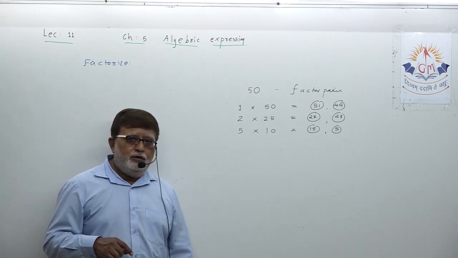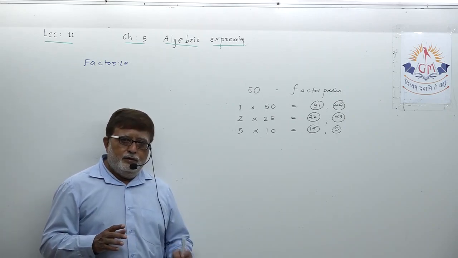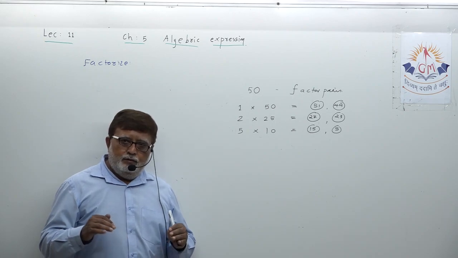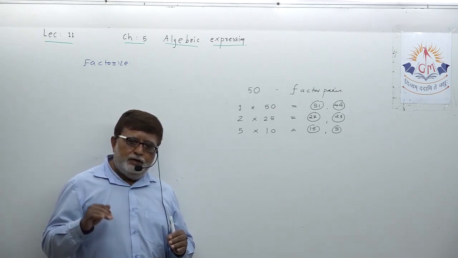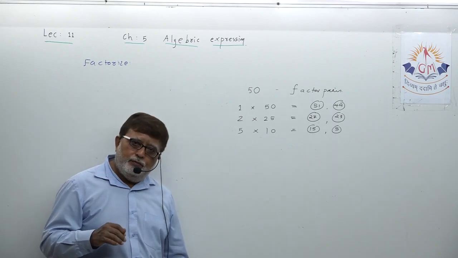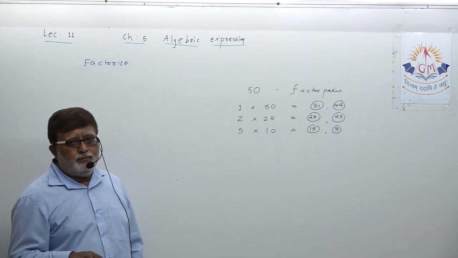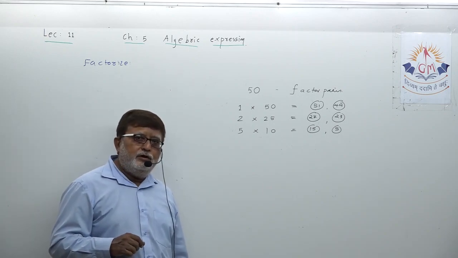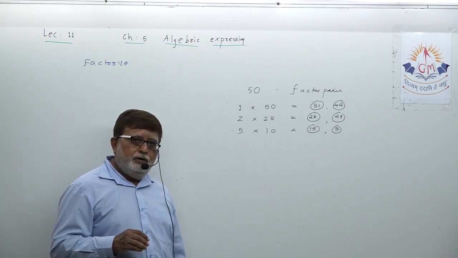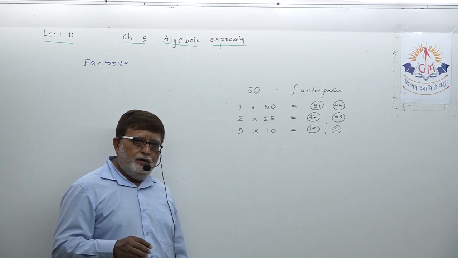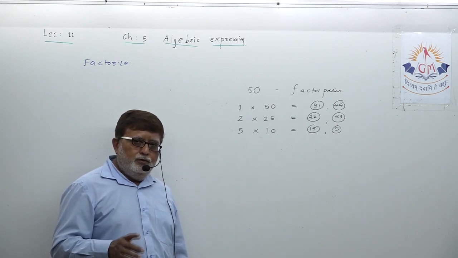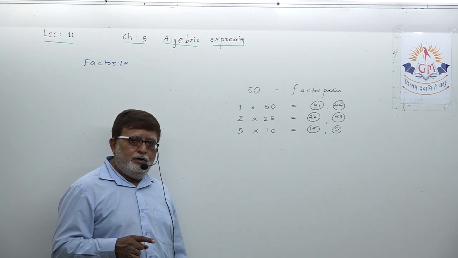And remember one thing very clearly, why I am giving so much importance to this, because throughout the lifetime you will study every now and then in algebra you will come across splitting term method.